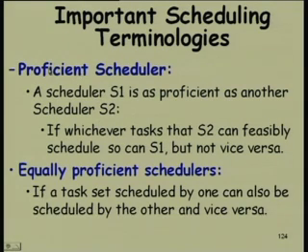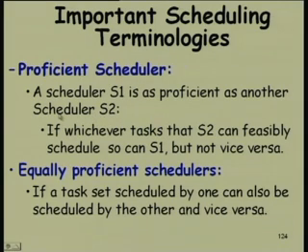And then a proficient scheduler: a scheduler S1 is more proficient than another scheduler S2 if whatever feasible schedule is produced by S2, S1 also can produce a feasible schedule for that given set of tasks.